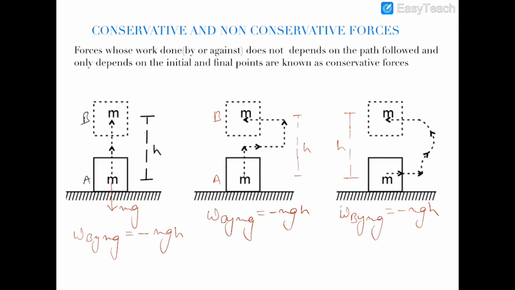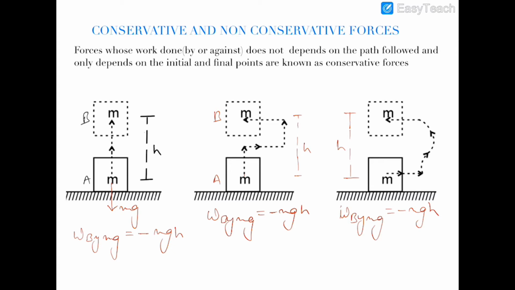But the work done by air friction in this case will be different, because the work done against the air will be different along each path. So the work done by air friction in all these three cases will be different, because it depends on the distance traveled and the path followed, and this makes air friction a non-conservative force.